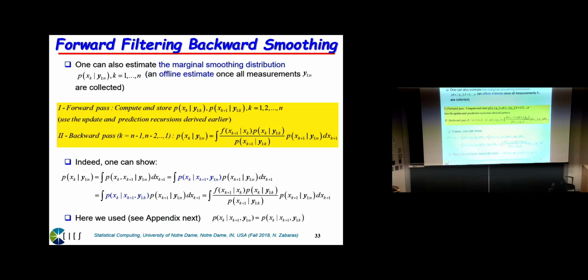A little bit louder, I cannot hear. I'm asking what is the definition of the filtering distribution. I see there it says smoothing distribution, and what I'm asking is what did we call a filtering distribution? So at a given time k, what is the filtering distribution?